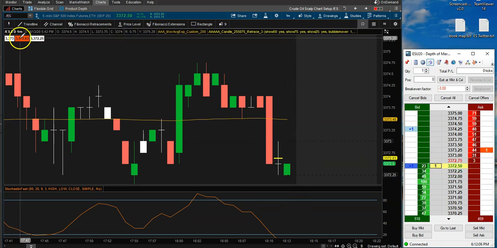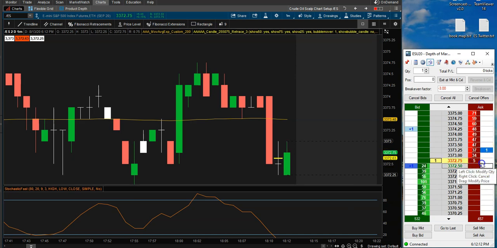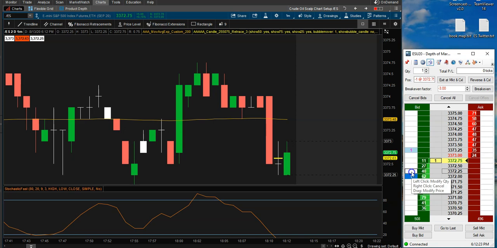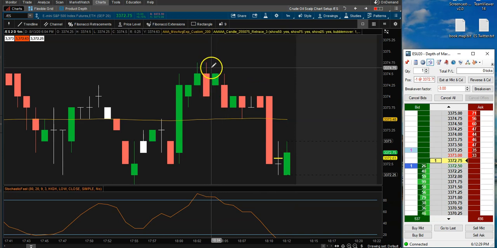Again, the high is 73, 72.50, right? So maybe I'll come over here and we'll just bring this down here. And I know 73.25 is going to be where my stop is, because it shouldn't get above there. And maybe I just want to look for a quick 1 or 2 ticks, because we are in a downtrend, right?